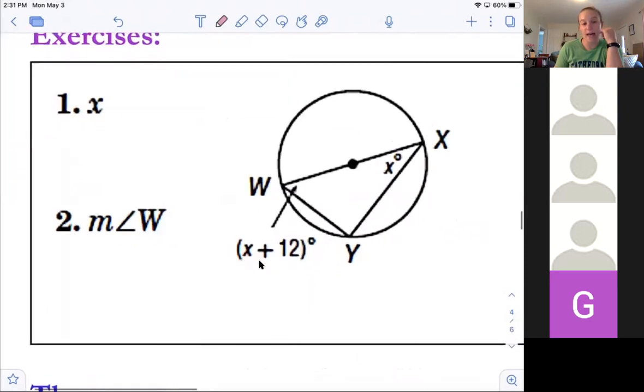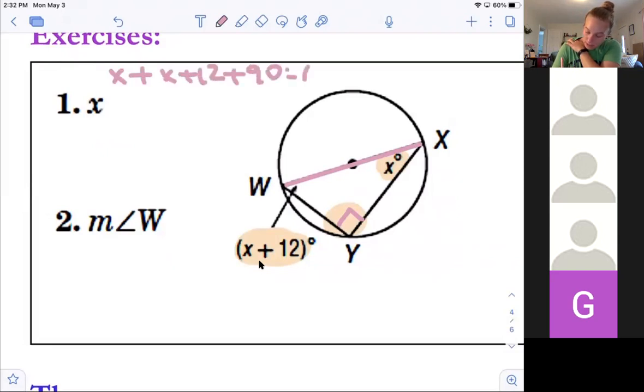All right, I've got to find x, the measure of angle x. In order to do that, I need to remember the theorem we just learned. If this is the diameter and it's also the hypotenuse, or a side of my triangle, then I can know that this is a right angle. If that's a right angle, then I can add all my angles up, set them equal to 180, and solve. X plus x plus 12 plus 90 equals 180.